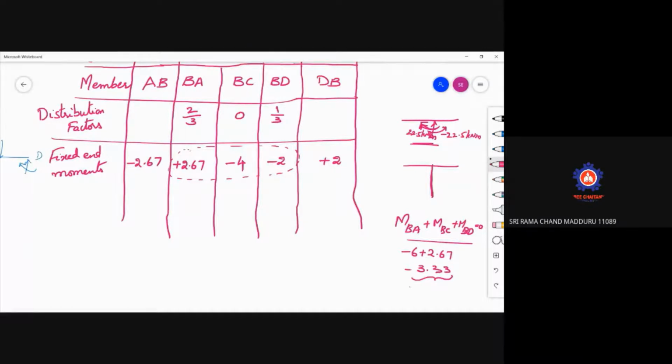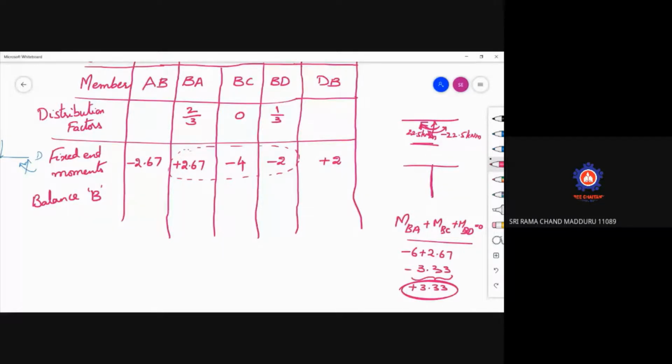So take the opposite sign, that is +3.33, and this is to be distributed by multiplying with the distribution factor. This is the balancing moment. So we are balancing joint B.